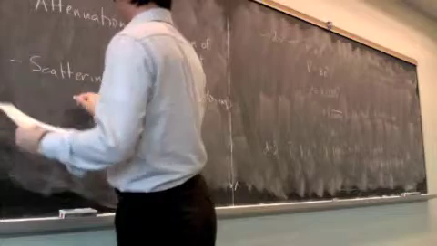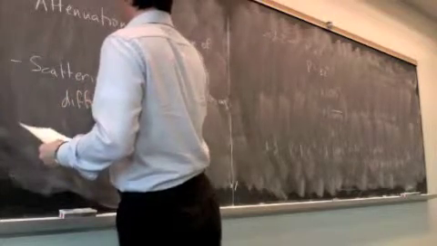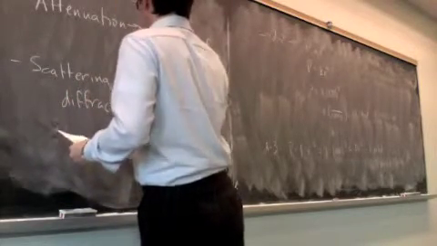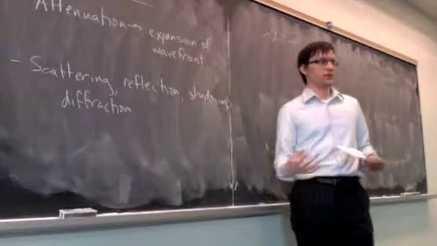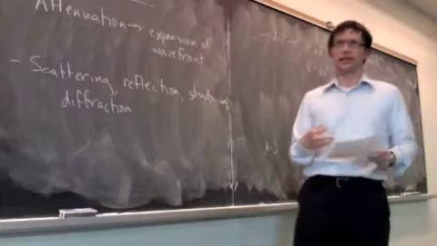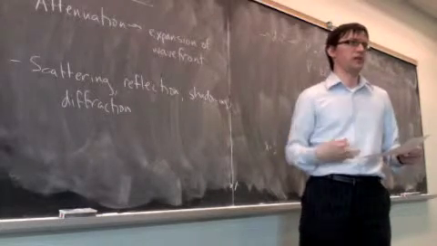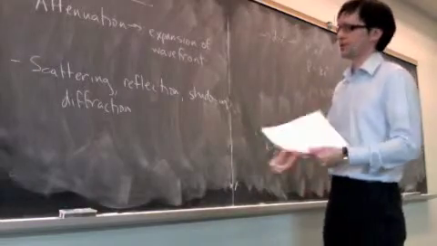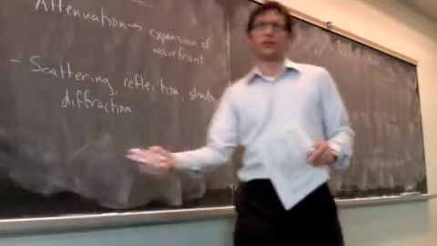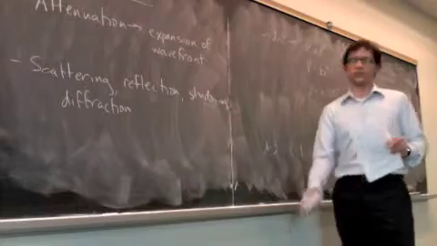Interference is actually different. So these are effects that will get you even if you're the only radio in the world. Interference is somebody else's radio affecting your signal. So right now we're just talking about the way the signal from one transmitter is propagating.